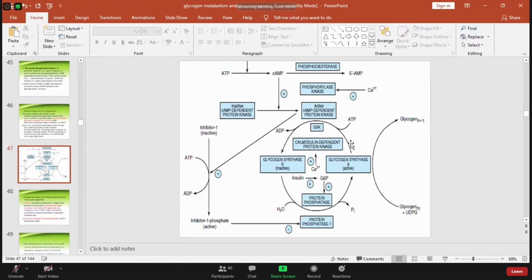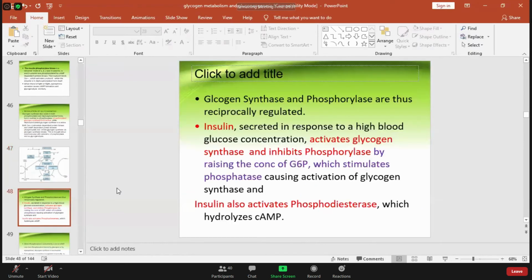Here cyclic AMP dependent protein kinase, phosphorylase kinase, or calmodulin dependent protein kinase convert the active form of glycogen synthase to the inactive form while activating phosphorylase. You should remember that. So glycogen synthase and phosphorylase are reciprocally regulated, simultaneously regulated, with opposite actions to each other.